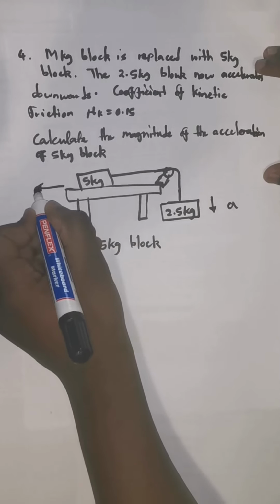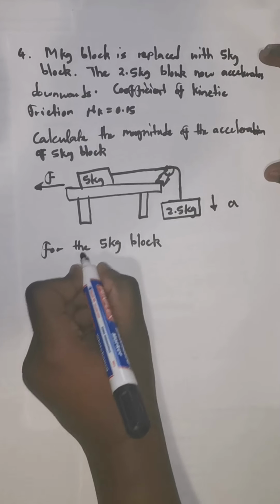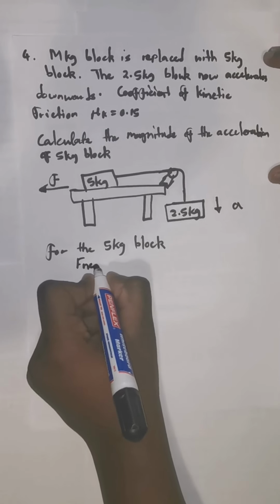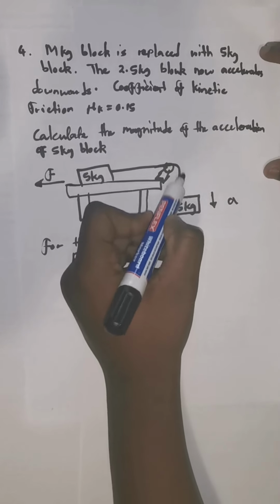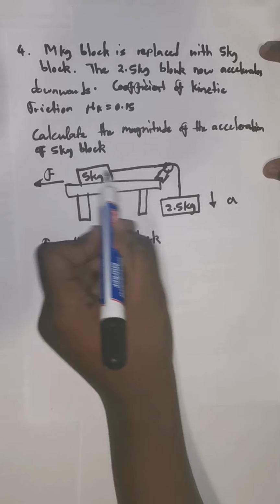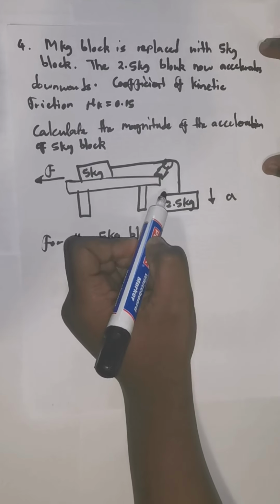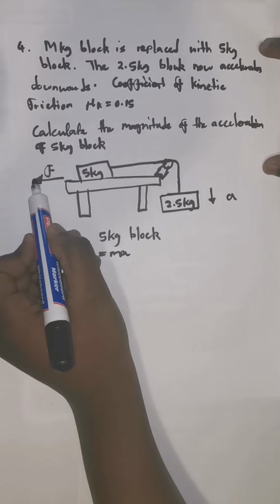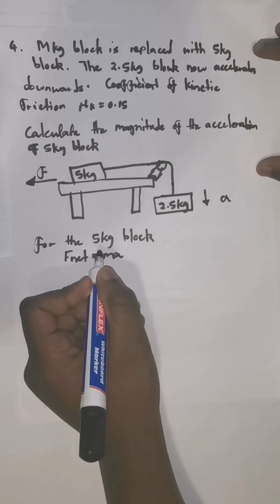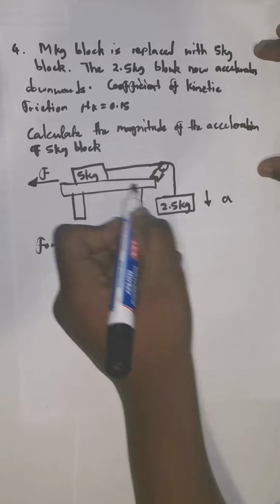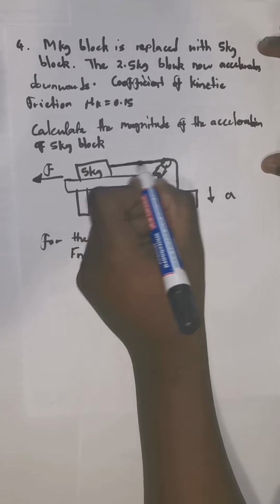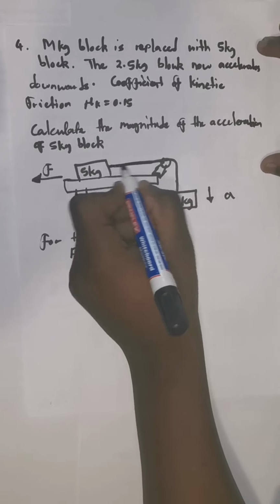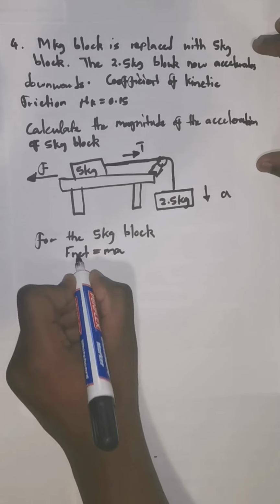So if you consider the entire system, right? Okay, let's put in the Newton's second law equation. It's going to be like this, right? So we told that this accelerates downwards, causing this to move to the right, and the kinetic friction opposes the motion. But ultimately, this 5 kg block does move. It then means that the force right here within the wire is very great compared to the kinetic friction.